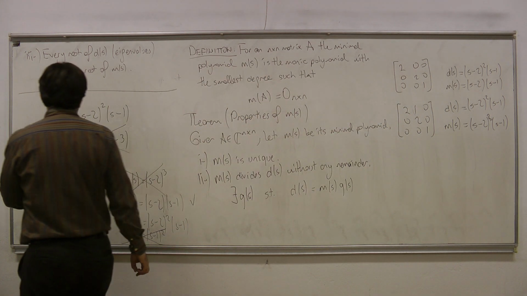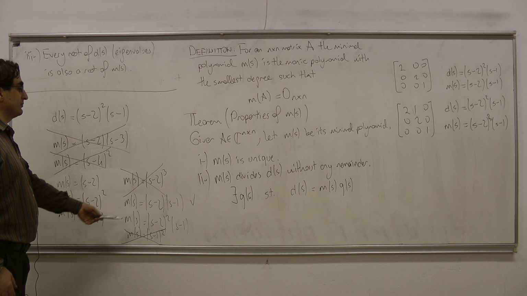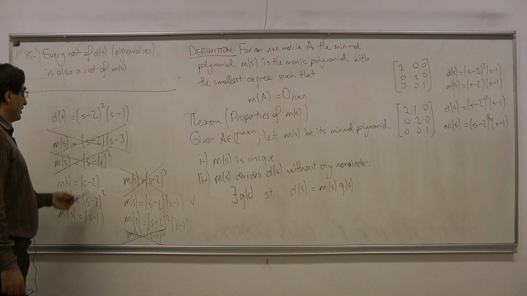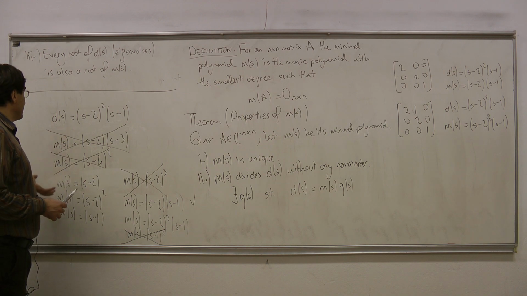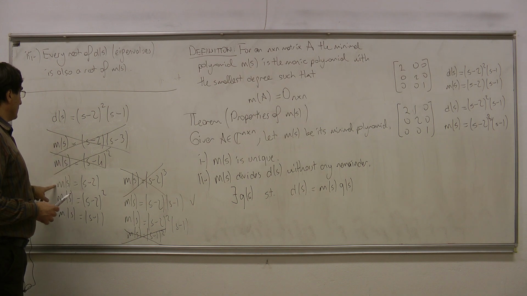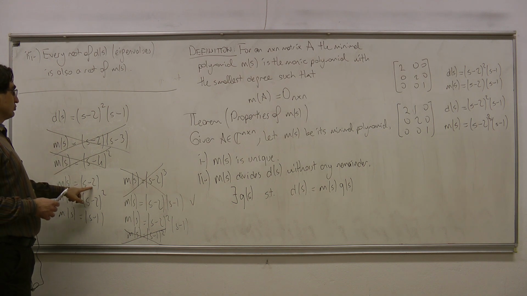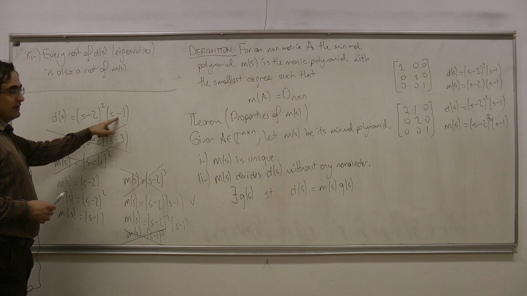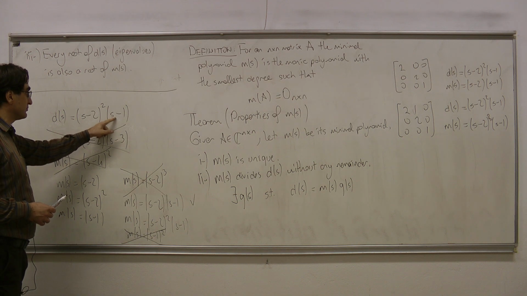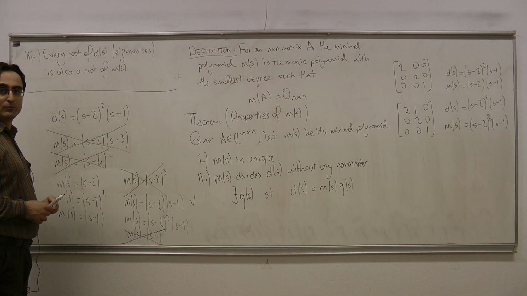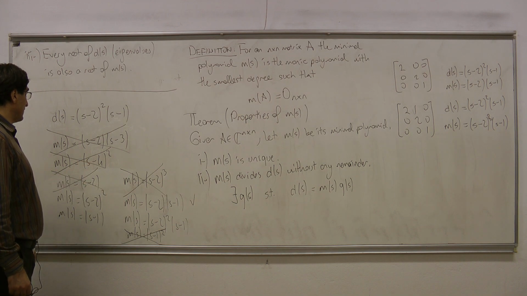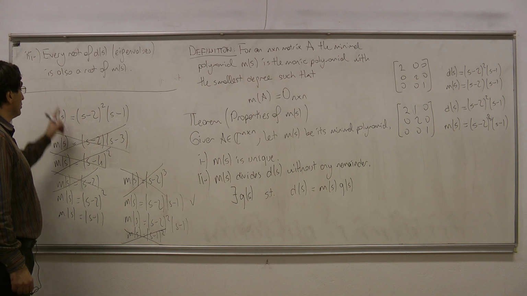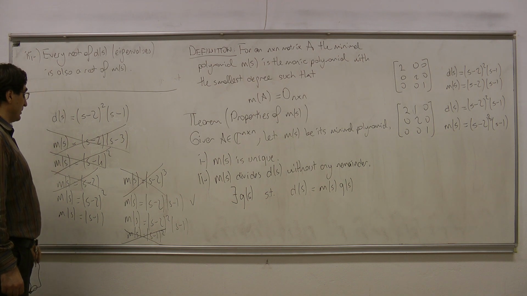When I come back to these possibilities which do not violate the second property, I see that some of them would violate the third property. Okay? So here I see that for this one, m of s has the root 2, but d of s has another root at 1, and this 1 is not a root of this m of s. Okay? So this violates the third property. I cannot have this as my minimal polynomial.